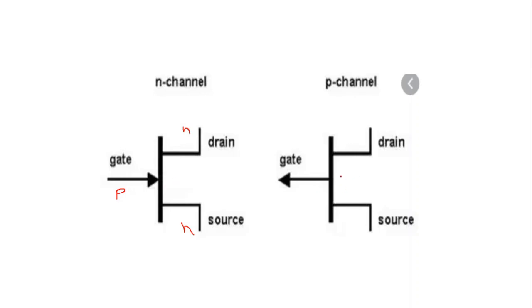Similarly here again, this is my P and this is my N, which means the drain and source are P. So this is the symbol of the P channel junction field effect transistor, and this is the symbol of the N channel junction field effect transistor.